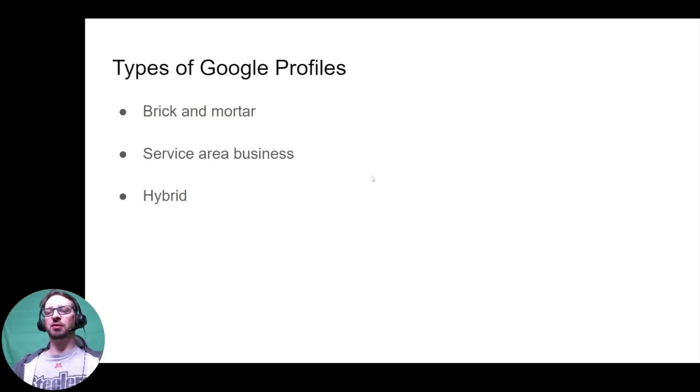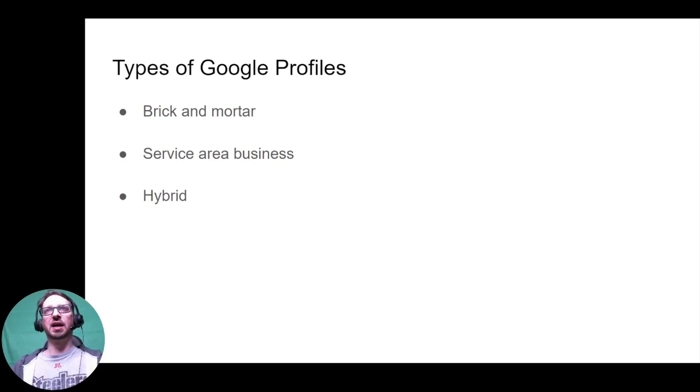So the first rule is making sure that you're using the right type of profile, which it will actually ask you during the setup process. The first type is brick and mortar. That's your traditional storefront where customers only come in to the business's storefront to interact in person.